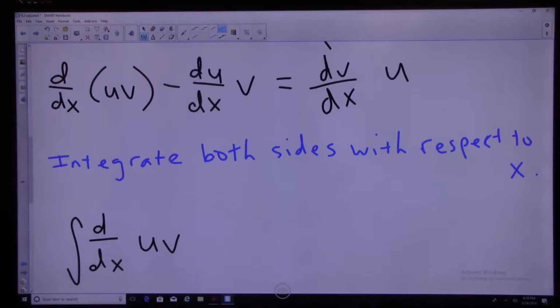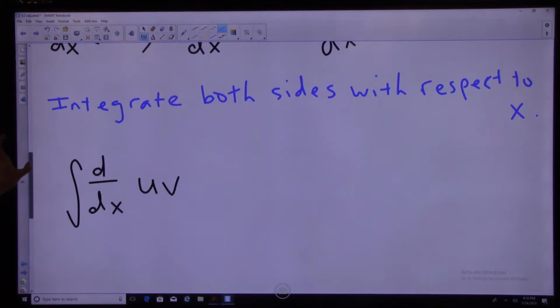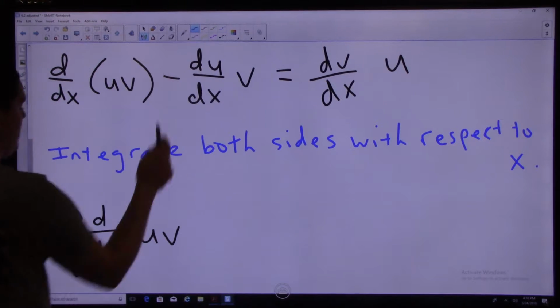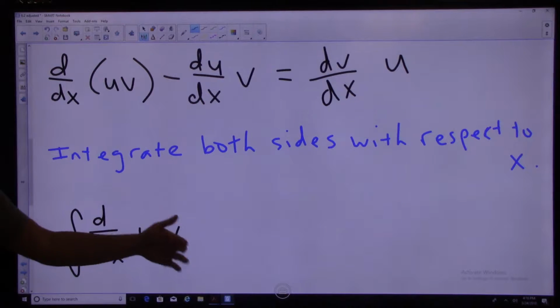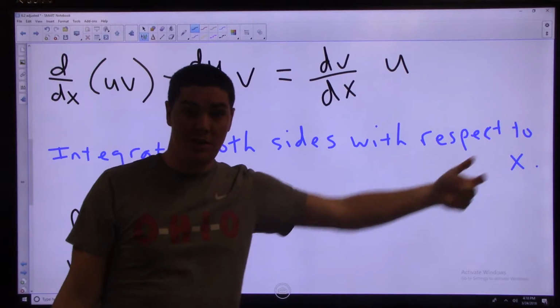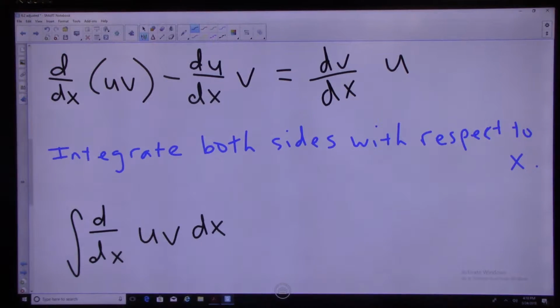Whenever we choose to integrate, we always need to know what variable to integrate with respect to. In this case, we need to integrate with respect to x. To denote that, we always have to write this with dx. If we want to integrate with respect to y, it'd be dy. If we want to integrate with respect to z, it'd be dz. Hopefully that makes sense.